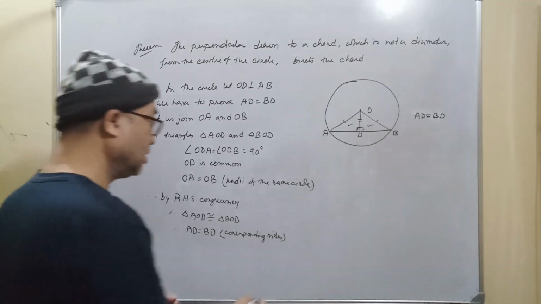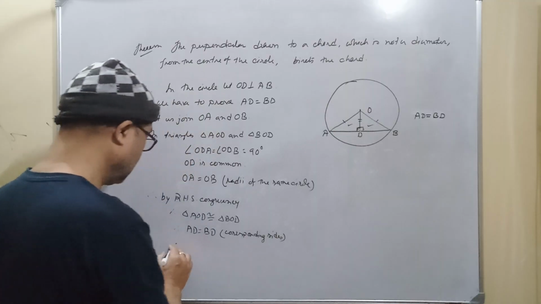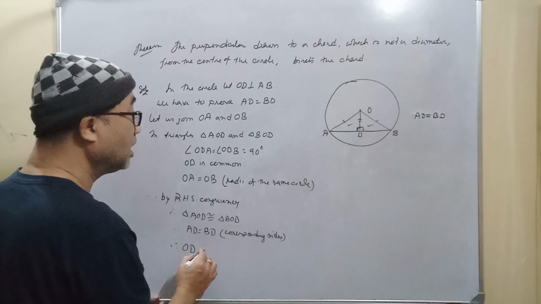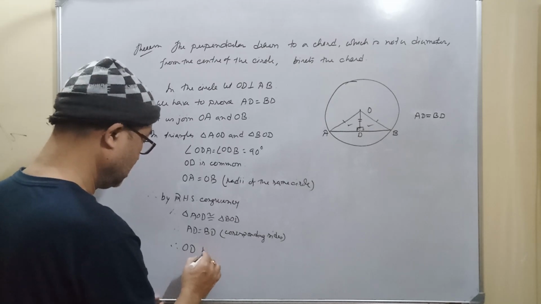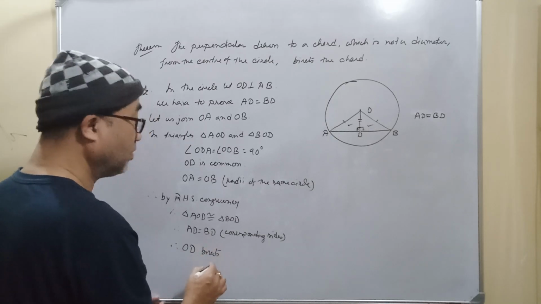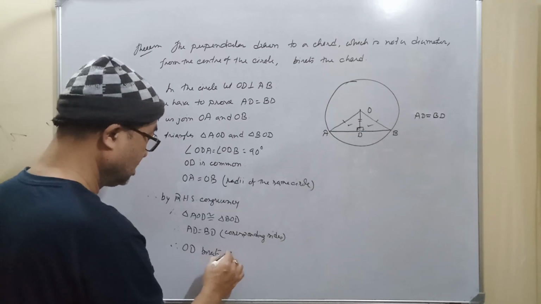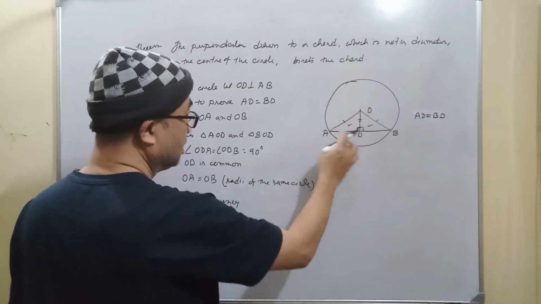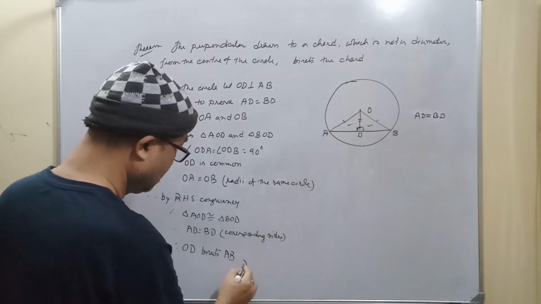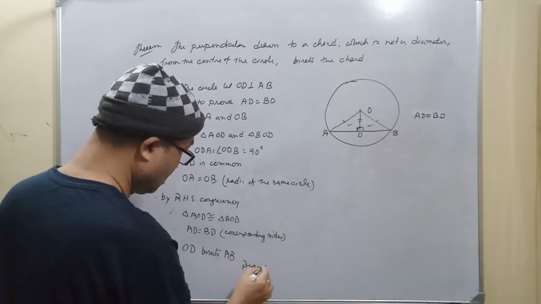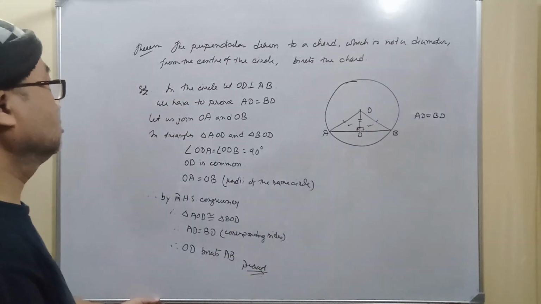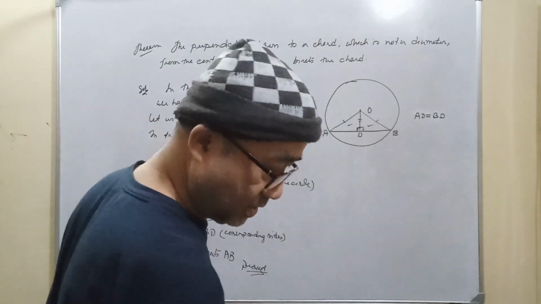Okay? Hence, OD bisects AB. This perpendicular bisects AB. Proved. By the way, slight modification here.